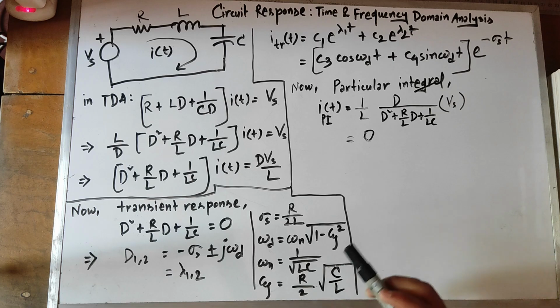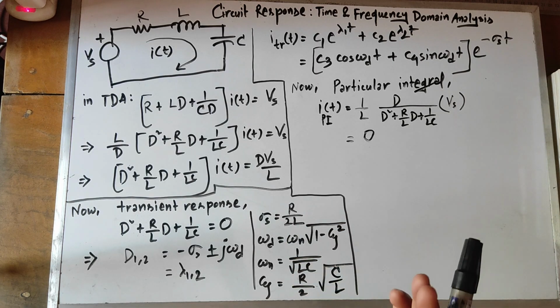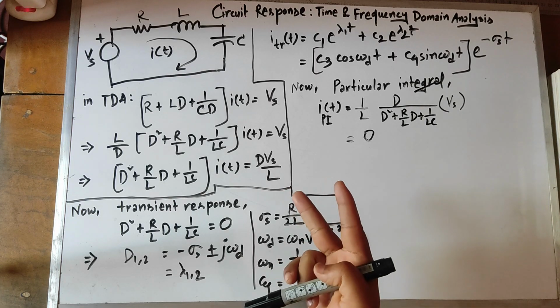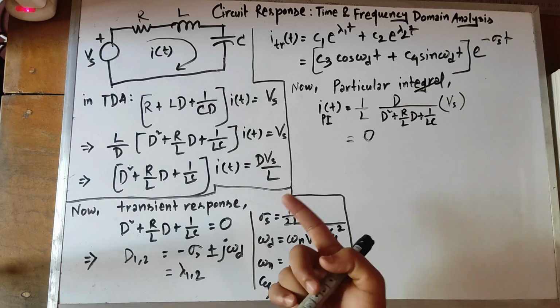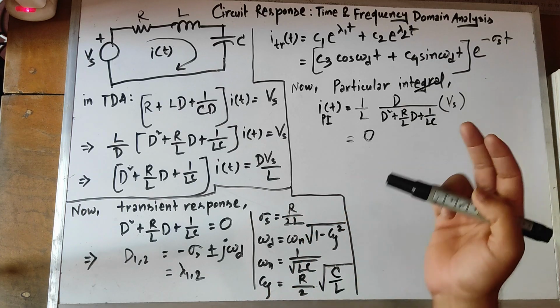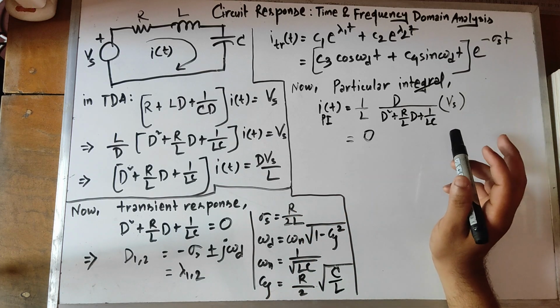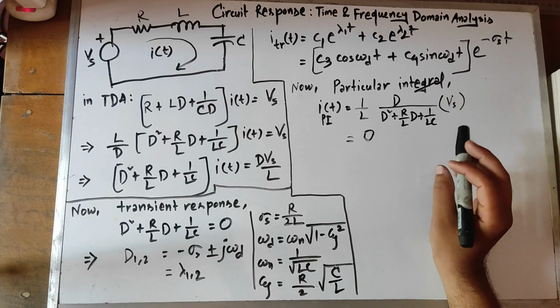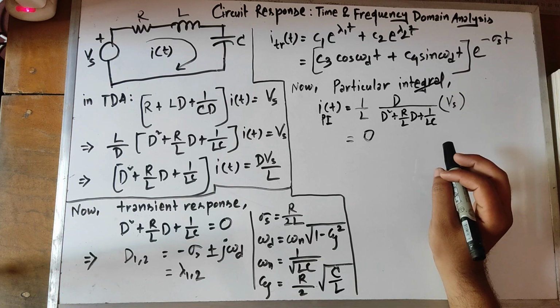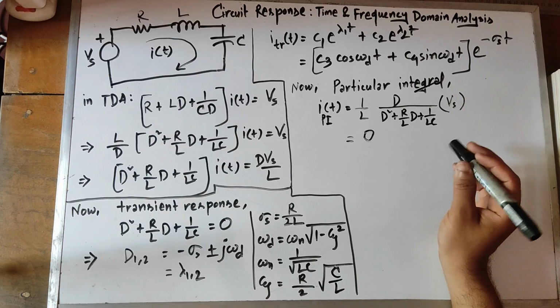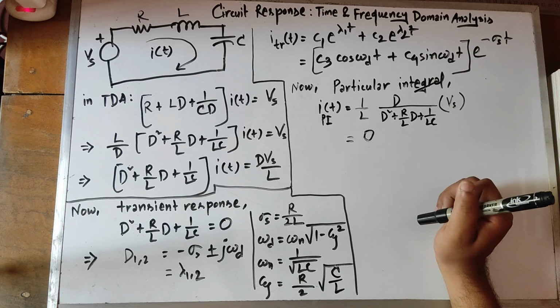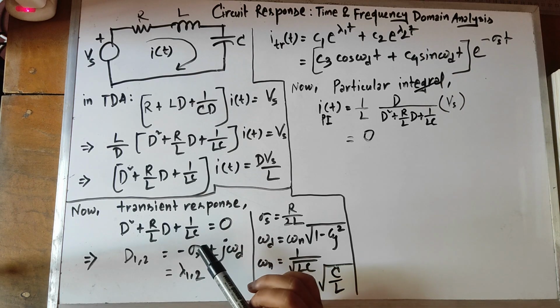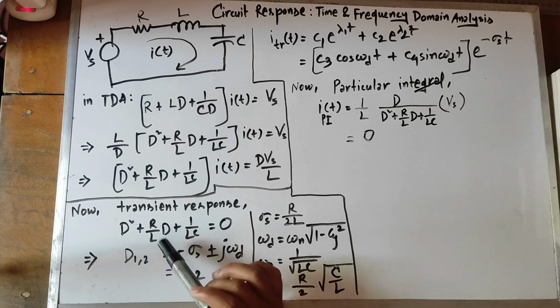Now we know that a linear differential equation has two parts as its solution. One is the transient part and the other is the particular integral part. The transient response can also be called the complementary solution.